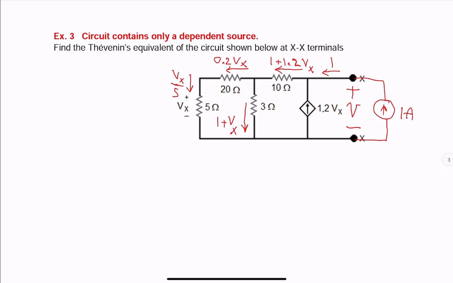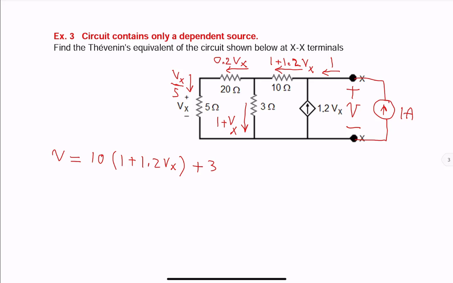Let's find V. Voltage drop is independent of the path. So start on the top X, move to the left. Through the 10 ohm resistor, we're talking about voltage drop. That being resistance times current, as long as we're moving in the direction of the current. So 1 plus 1.2 Vx multiplied by 10. Go straight down through the 3 ohm resistor.